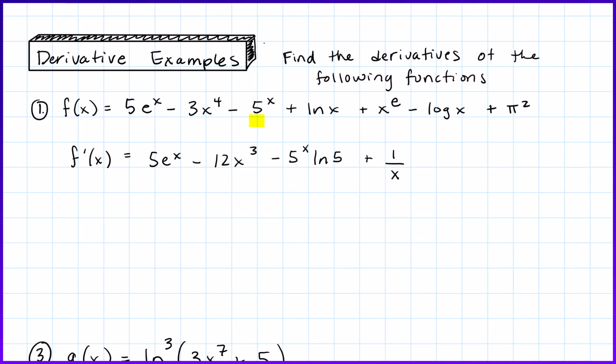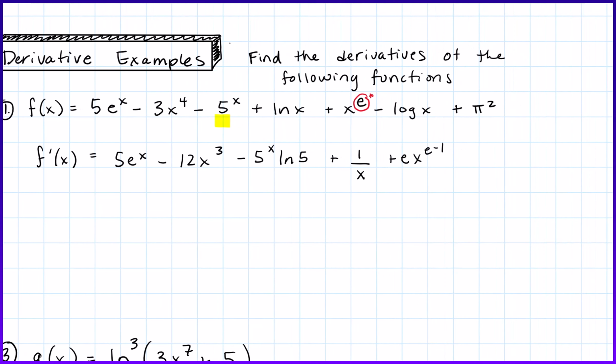Now we have x to the e. Let's remember that e is just a constant, so that's just x to a power. So this is going to be e x to the e minus 1, just applying the power rule again. Then we've got the common log of x. Now the common log, when there's no base written right here, remember that there is an implied base 10.